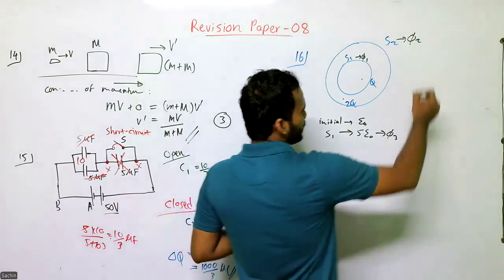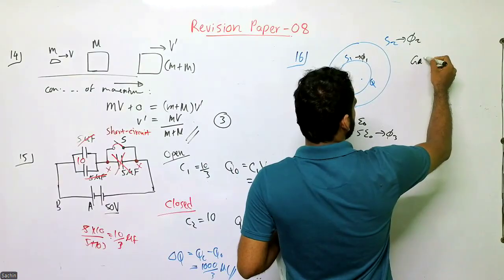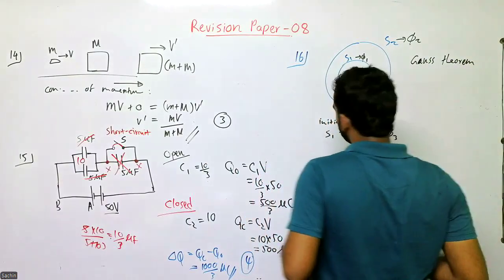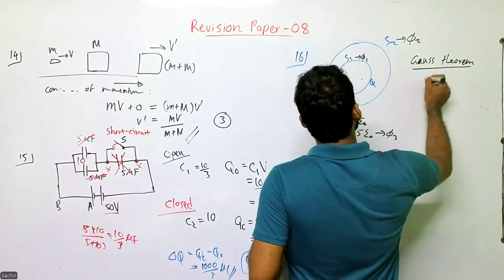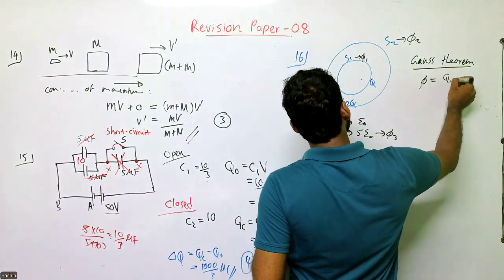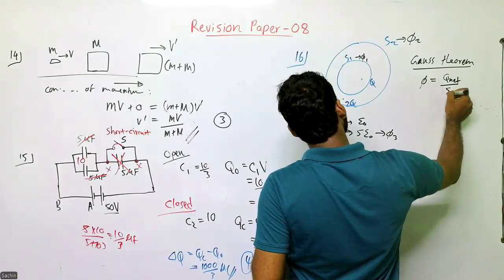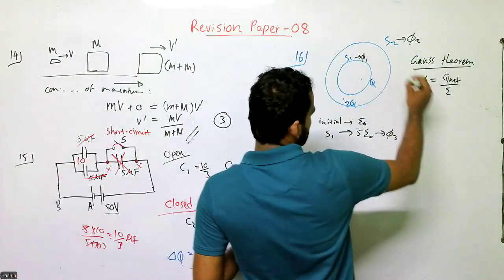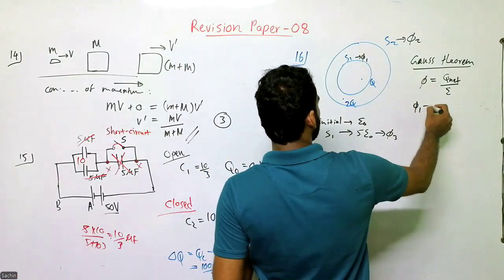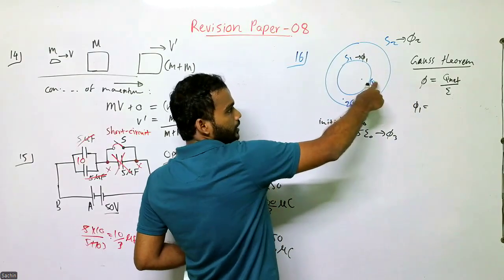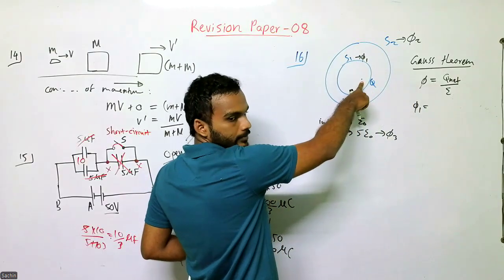That is just depending on the Gauss theorem. What Gauss said was the net flux is equal to net charge inside the Gauss surface divided by epsilon of the medium. So if you consider the surface S1, inside that surface only Q charge is there.